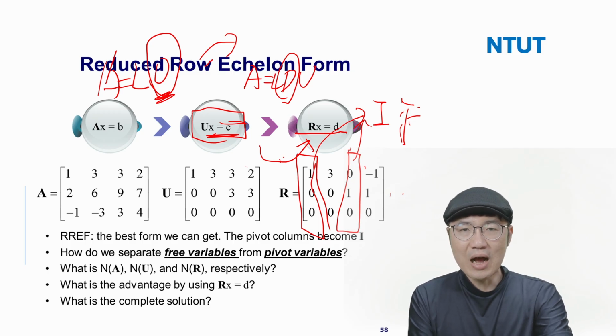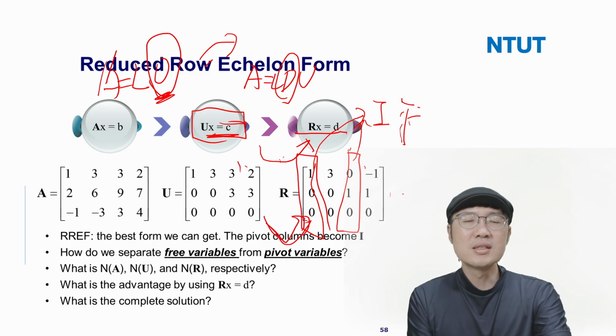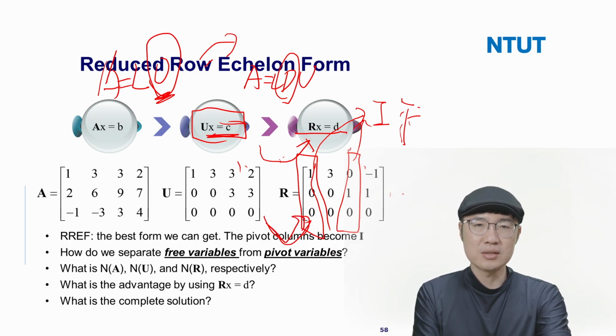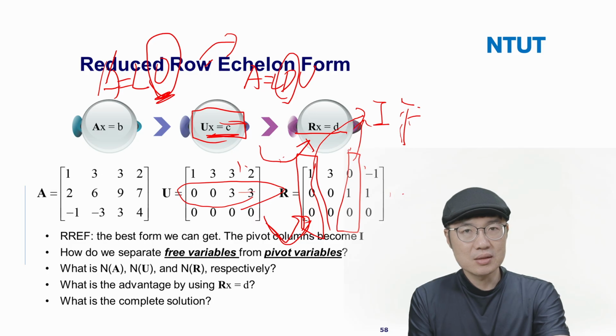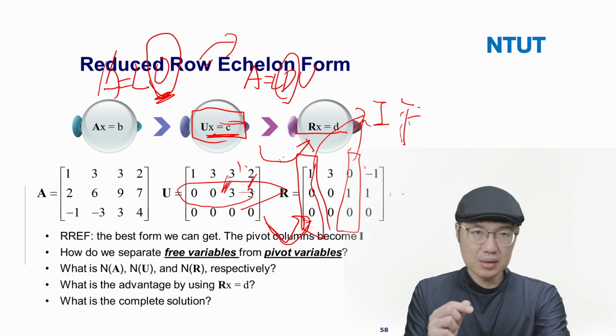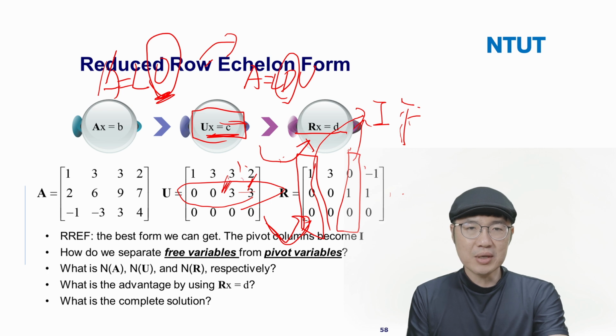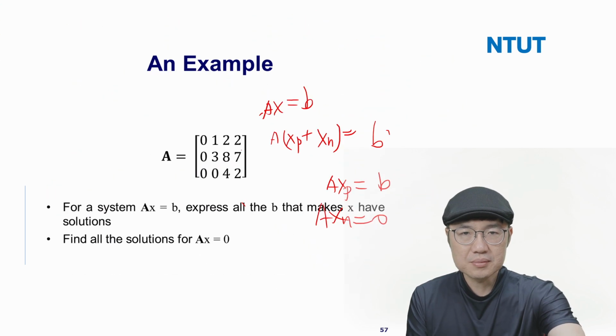Oh, by the way, how do we get R from U? Still, the only thing we did so far, row operation. You first make the second row be divided by, no, divided by 3. So this is 1 and 1. And then backward elimination. You multiply this row by minus 3 and add it to the first row.